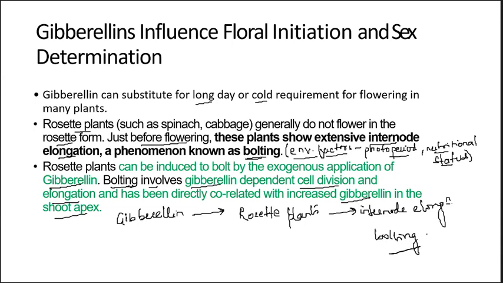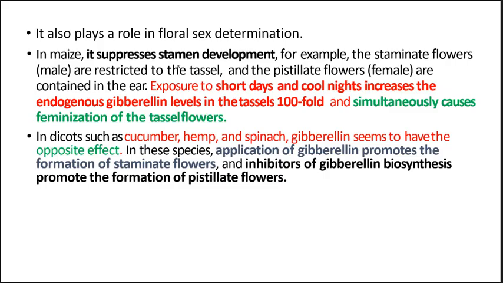So they also help in floral sex determination. How do they determine the sex of a flower? Normally in the maize plant, two kinds of regions are seen: the tassel, where the male flowers are restricted, and the ear, where the female flowers are restricted.